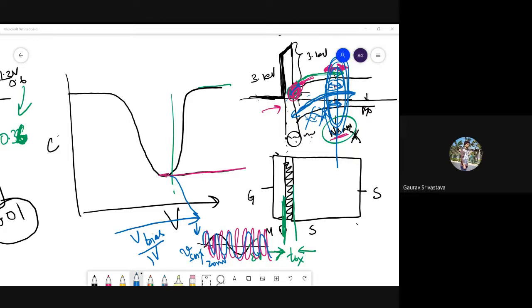Sir, I asked the other question in class also, but I'm not getting it. Let us assume the capacitor is under depletion mode. So there is a negligible inversion layer. You're talking about somewhere over here, this region. Inversion has not set in yet.